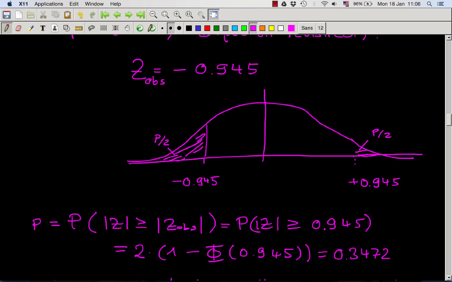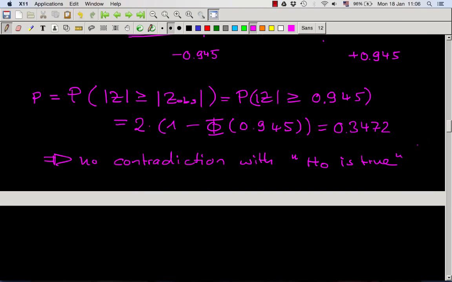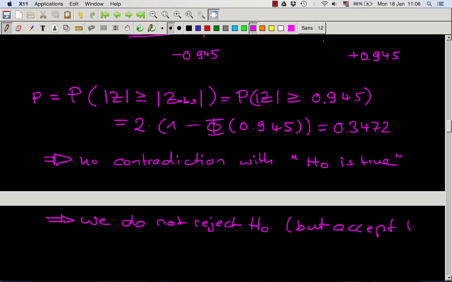And there is no contradiction to H0, and therefore we do not reject, but accept it. Okay.